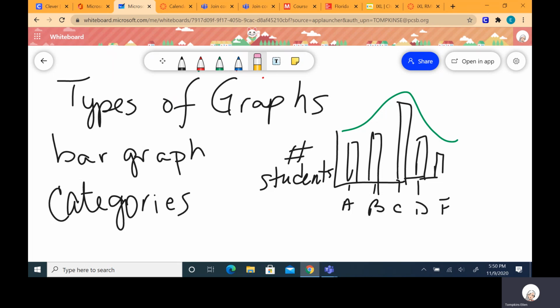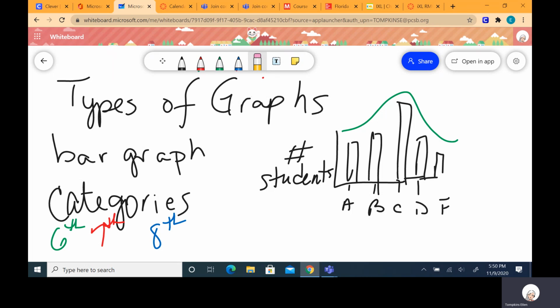Now, if you had a double bar graph, we'll leave that up there, but we had 6th grade, 7th grade, and 8th grade. If we did it that way, that would be a triple bar, but you get the idea. You could have a double bar or triple bar depending on how many groups you're surveying.